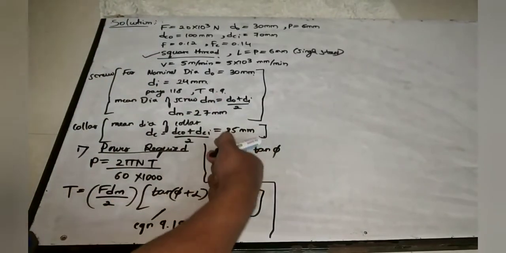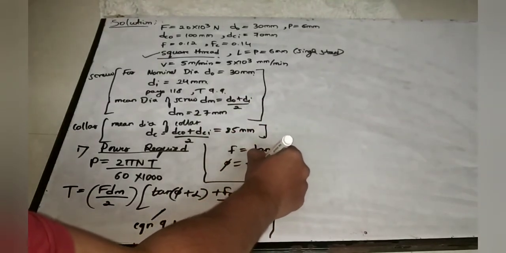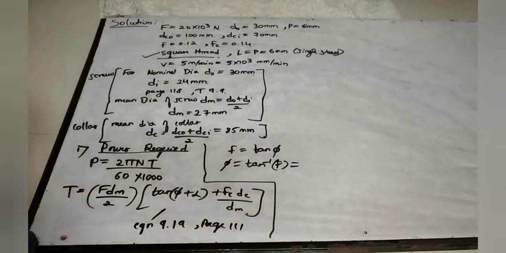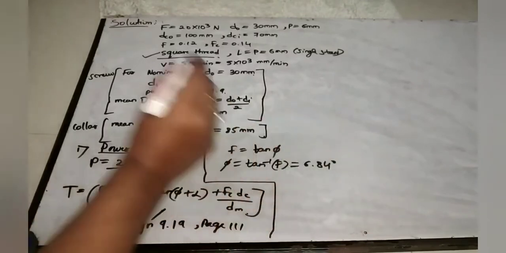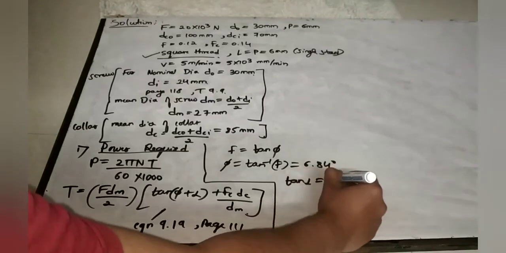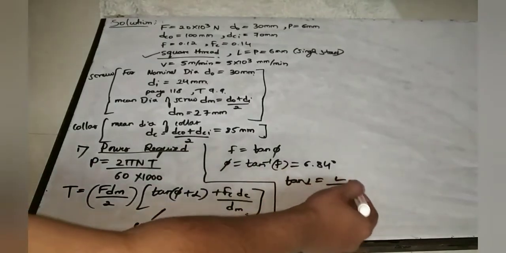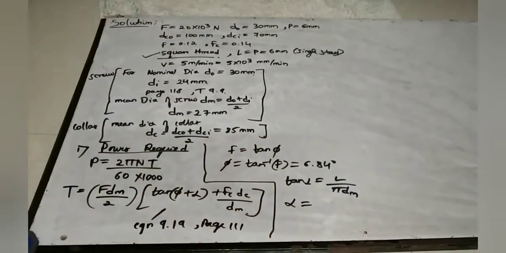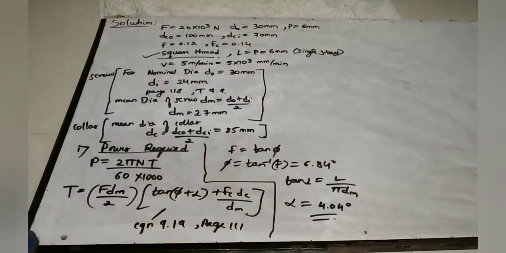Square thread means F equal to tan phi, so phi is equal to tan inverse of F. With 0.12, the friction angle is 6.84 degrees. Next, tan alpha is equal to lead upon pi dm. L is known, dm is known. Tan inverse of that term, if you find it, alpha comes to be 4.04 degrees. Fine.